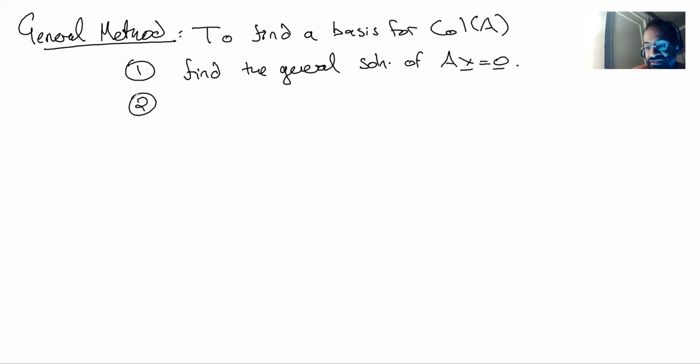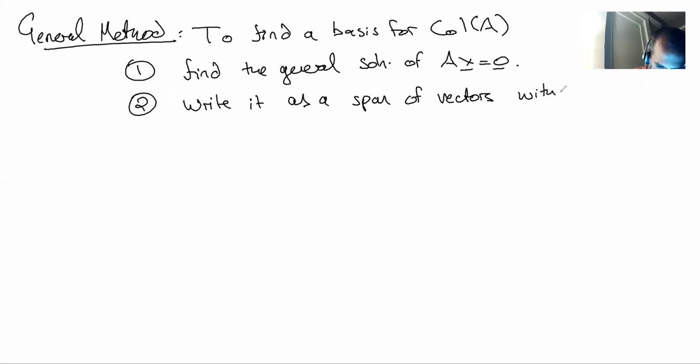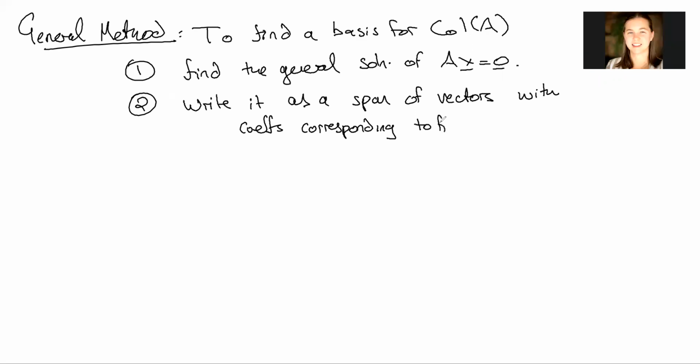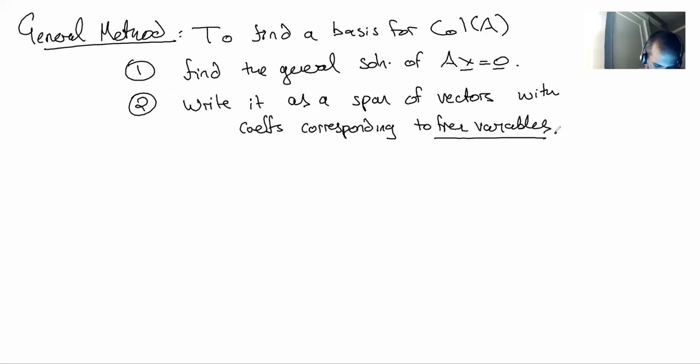The second step is to rewrite it as a span of vectors with the coefficients corresponding to free variables. Professor, should this be finding a basis for null A? Oh, sorry, null A. Whoops. Yes, null A. Sorry, thank you.